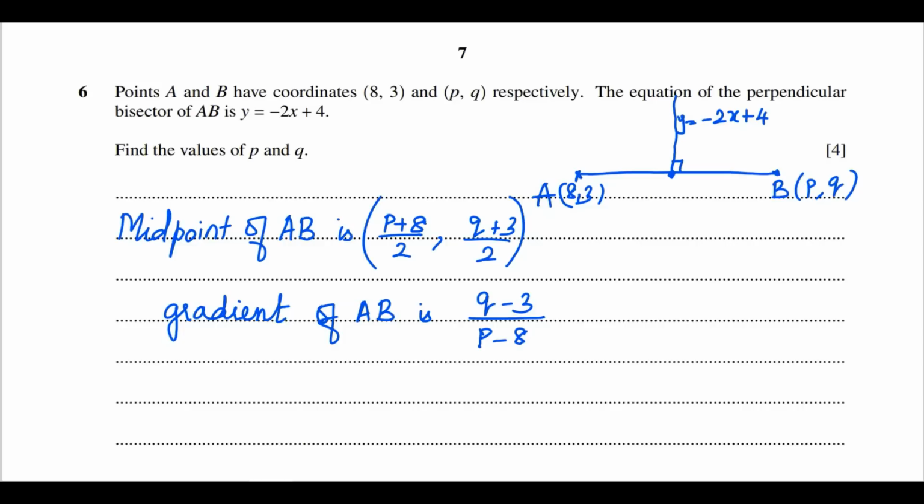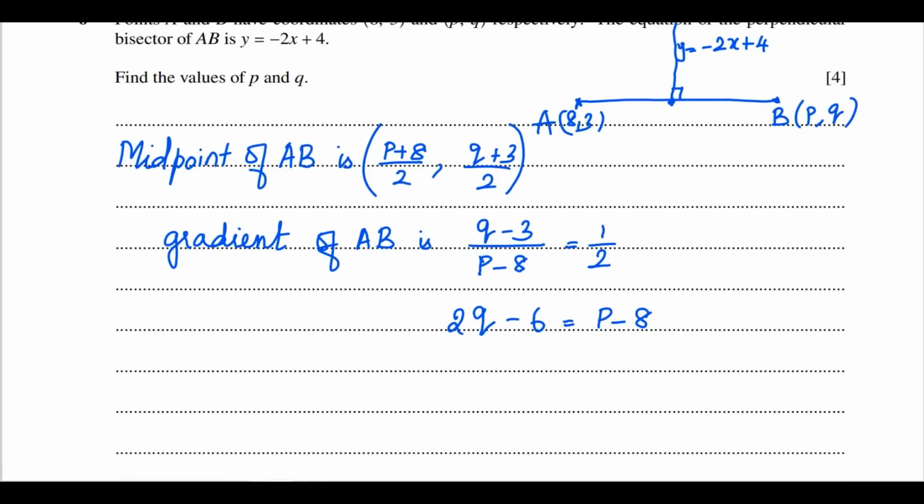It is minus 1 over minus 2, that is 1 over 2. Okay, let us simplify this one. 2q minus 6 equal to P minus 8. So minus P plus 2q equal to negative 2. So let us mark this as 1.